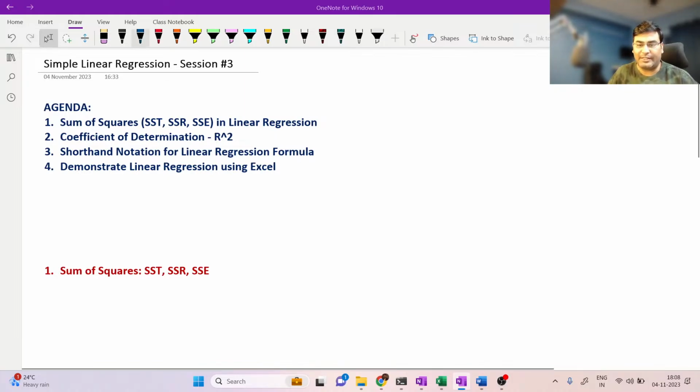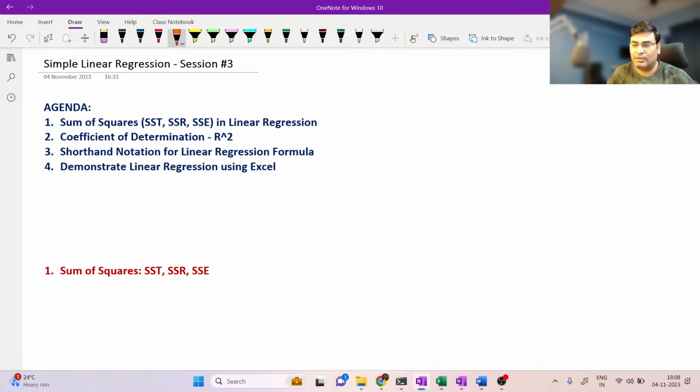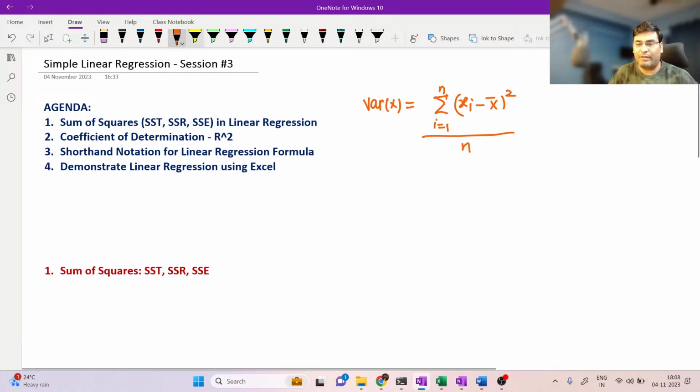So if you look at the variance formula, how do you find the variance of x? You subtract the mean from each observation, take the square of it, sum it up, and divide by the number of data points. So if you look at the power here, this is what I'm trying to say: sum of squares.